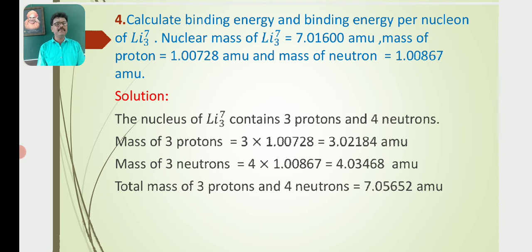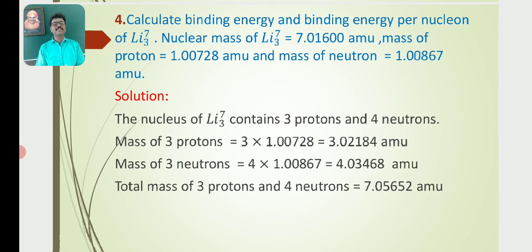Here given nuclear mass of lithium-37 is 7.01600 AMU, mass of proton is 1.00728 AMU, and mass of neutron is 1.00867 AMU. Then calculate the binding energy and the specific binding energy of lithium-37.